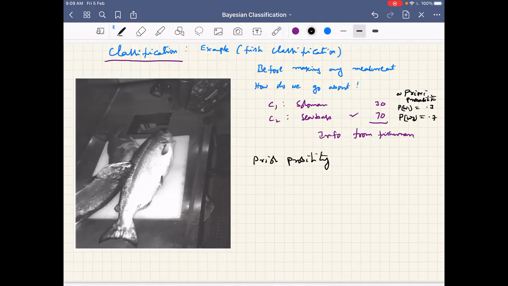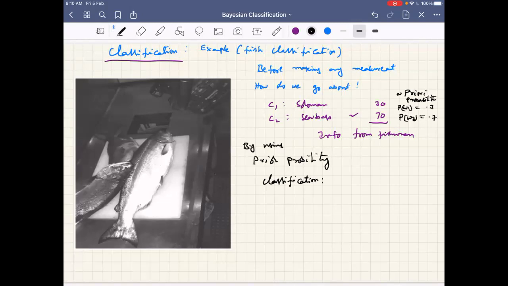Now assume that using prior probability, you want to make an automated classification. What do you suggest in this scenario? What may be the classification rule I can apply using only the prior probability? As I said, we need to start the automated classification from the first sample.